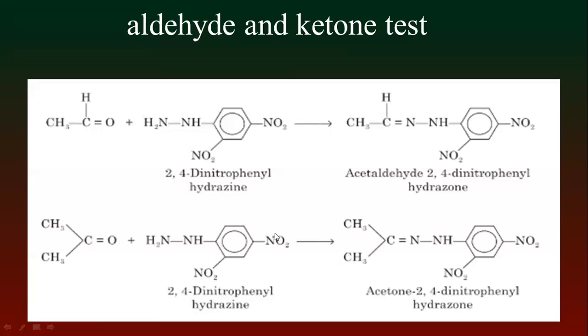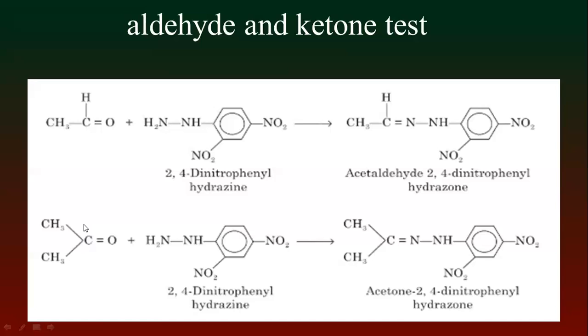That's why we can say that the 2,4-DNP test is undergone by the two following compounds, that means aldehyde and ketone. But after this test, we cannot identify which compound is aldehyde and which one is ketone. We can only identify that this sample may be an aldehyde or maybe a ketonic compound.